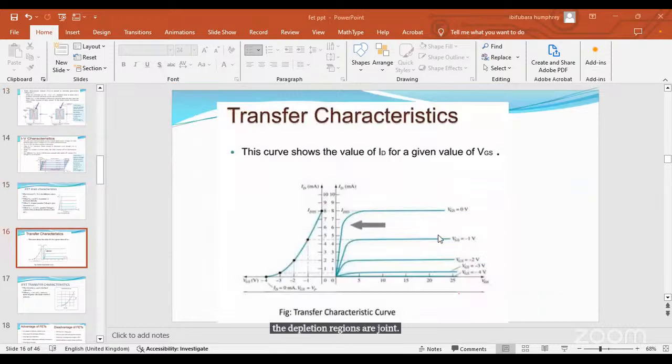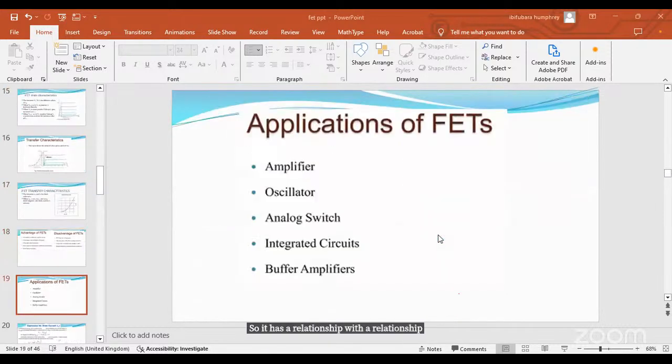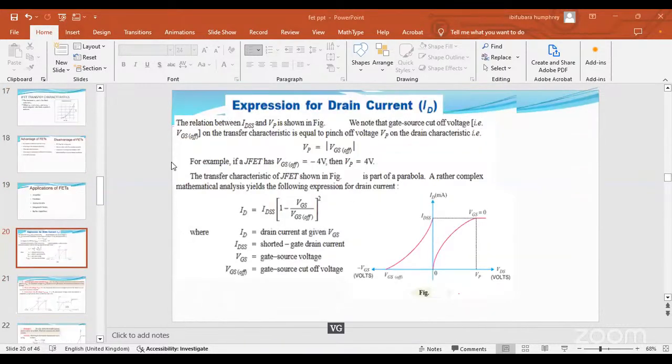So it has a relationship with VGS off. Here we have that the negative value of VGS off is equal to the positive of VP. Or we can say VP is equal to the magnitude of VGS off, because VGS off is always negative.